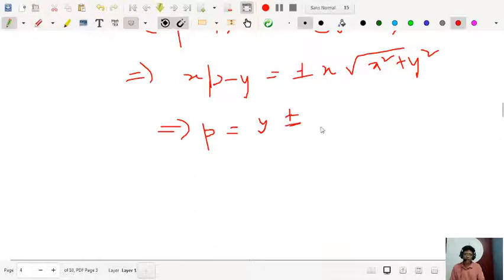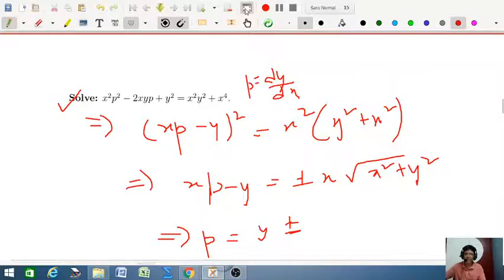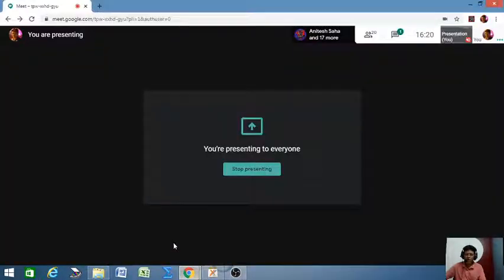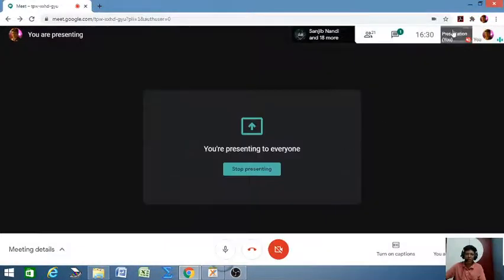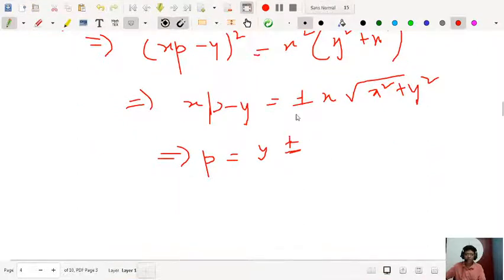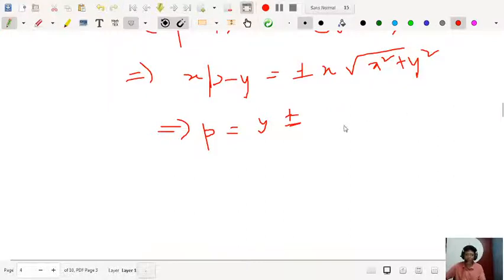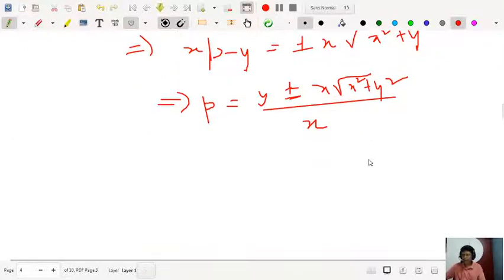So factorization is not possible in this problem, so you can take any algebraic manipulations. I am doing Sridhar Acharya here, or I am taking square root both sides and just transposing that one. So x into root over x square plus y square by x. Okay, so this is a homogeneous type.